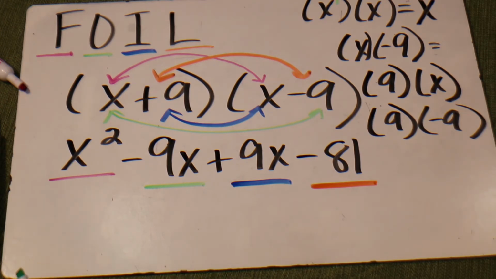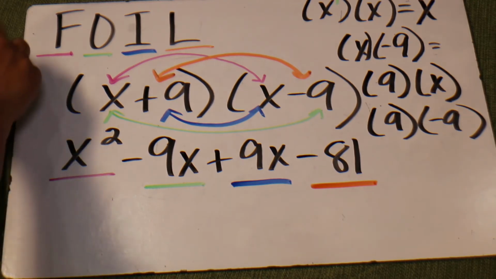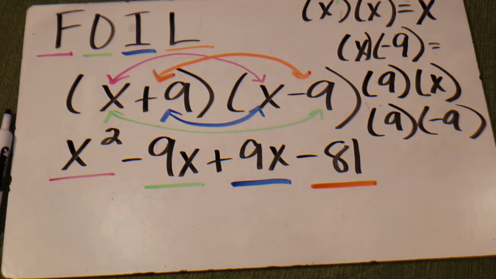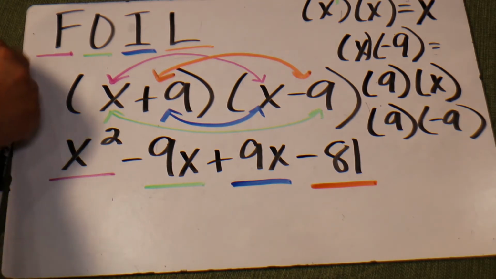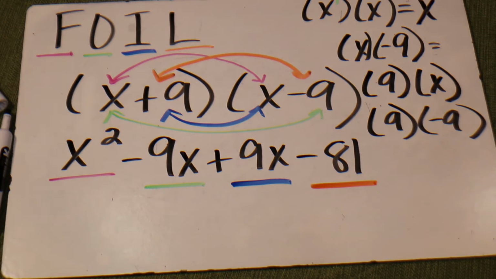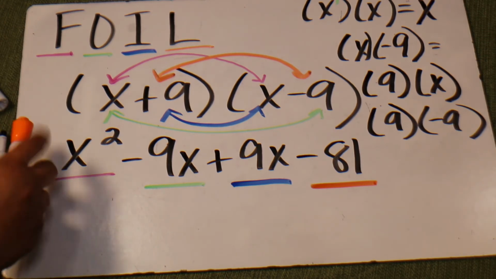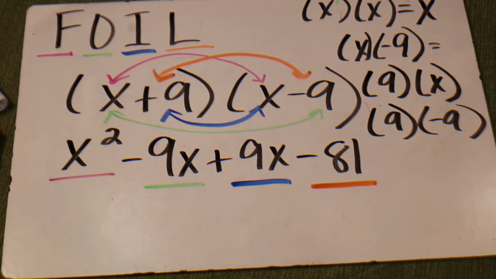Now that we're done, we are going to simplify, because sometimes some of us stop right here, but remember, we have to ask ourselves, is there anything else that we can combine? Are there any like terms? Yes, we do have two like terms. Let's go over like terms.